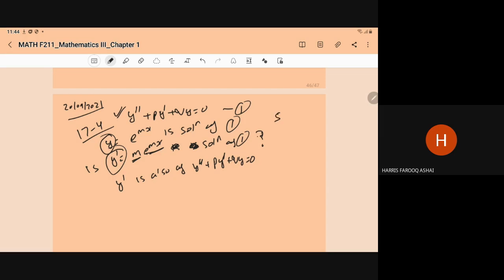Because y is equal to sx is the solution of y double dash plus y equal to 0, which is given to you. So with y equal to s, y dash equal to s dash is also the solution. This is for a second order differential equation with constant coefficients, y double dash plus y is equal to 0. Got it, sir.